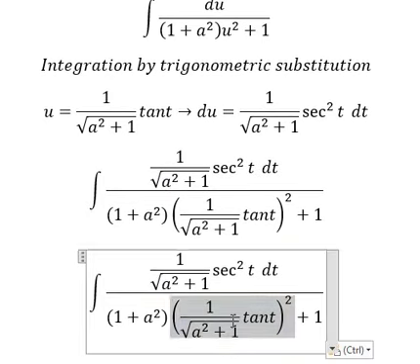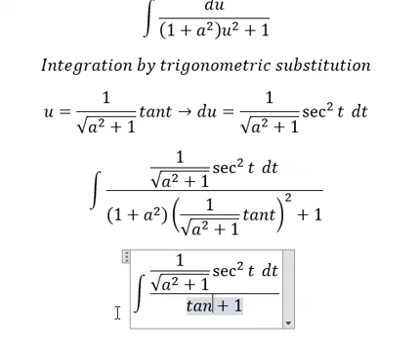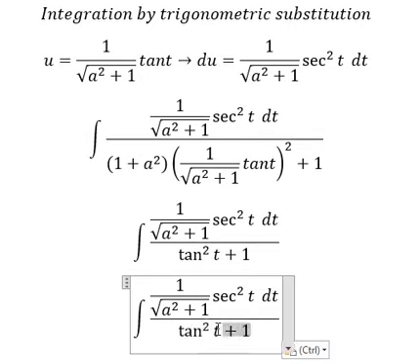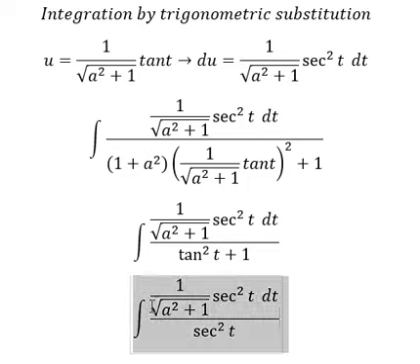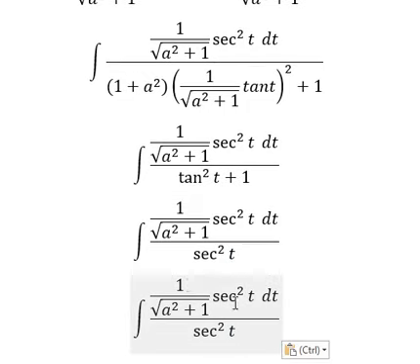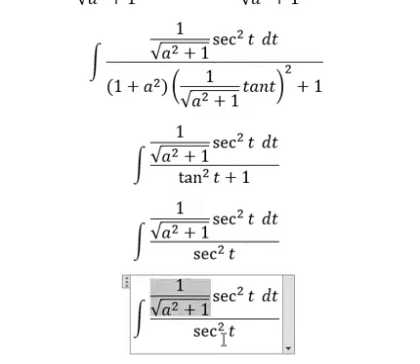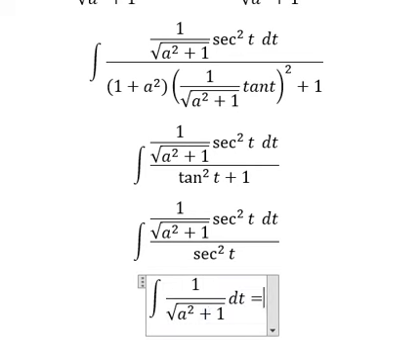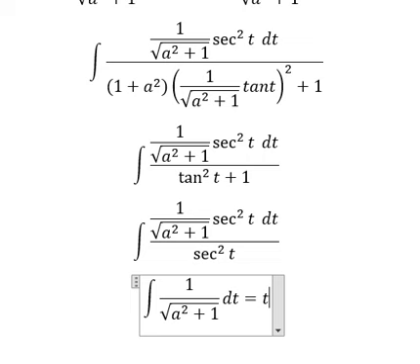So we simplify, and that is about tan t squared. This one that is about secant of t squared. And now we simplify. The integration of this one we got about t.